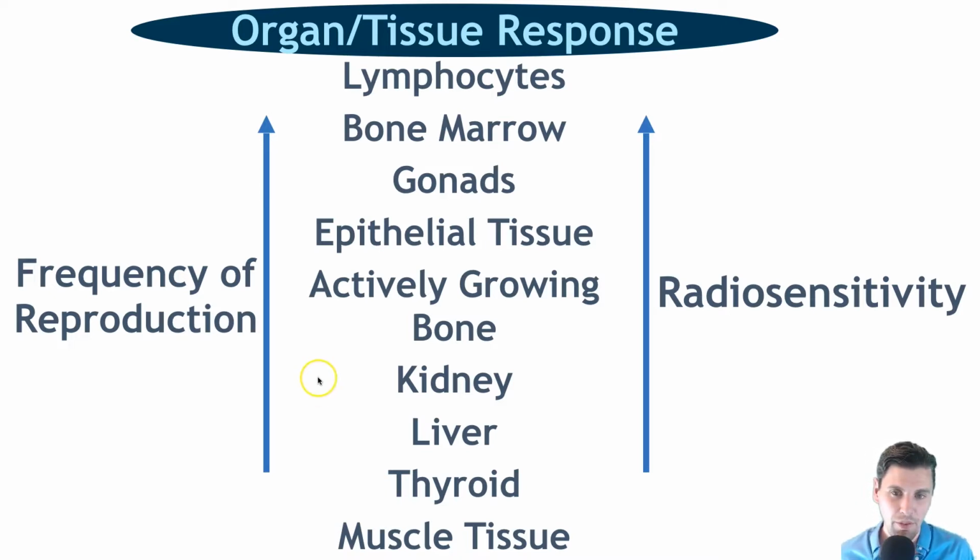Like we talked about in the very first slide, lymphocytes or blood cells, the cells within your white blood cells, are constantly being replaced within your body. So those will be very radiosensitive, compared with muscle tissue, and even below muscle tissue would be nerve cell tissue, which gets replaced very infrequently in your body. So this is the order in which we note that there's a correlation between the radiosensitivity and the frequency of reproduction of those types of cells.